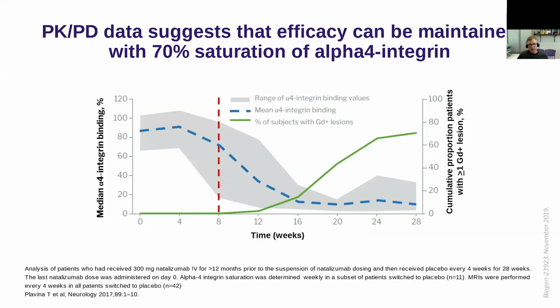And there's this modeling that Biogen have done just to show that there's probably a sweet spot where you get enough desaturation to allow immune surveillance, but not enough to allow MS recrudescence. And so this has been tested right now in a clinical trial, but my personal opinion would be not to push natalizumab further out than 8 weeks in people that are less than 80 kilograms. And if somebody is above 80 kilograms, I would keep them on a 6-weekly infusion.